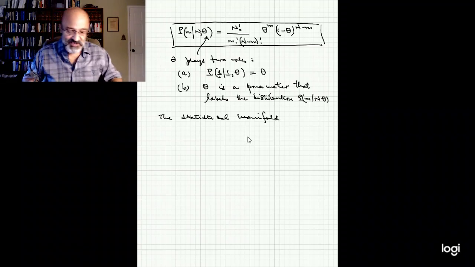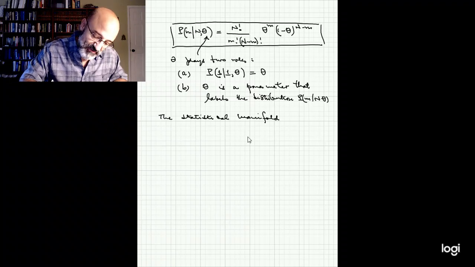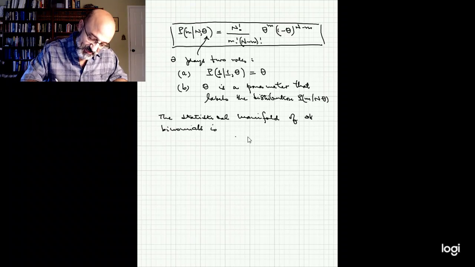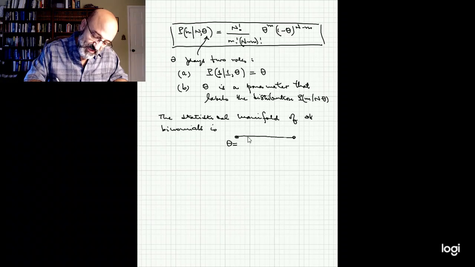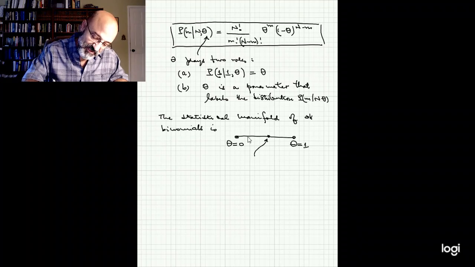I just want you to become familiar with the lingo. The statistical manifold of all binomials is, well, it's one-dimensional. Theta goes from 0 to 1, and each point there, the point theta, represents a probability distribution.